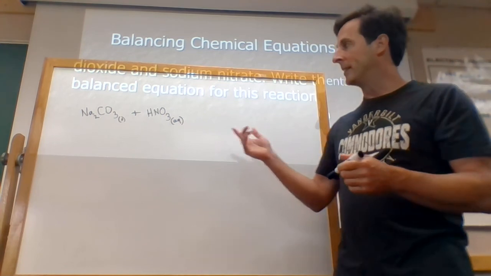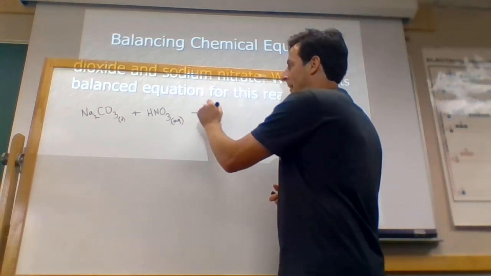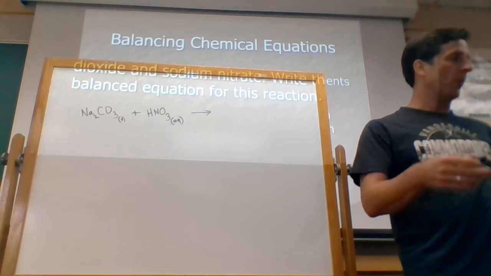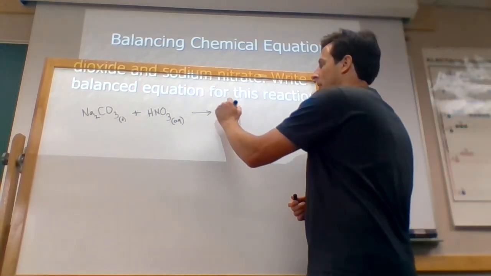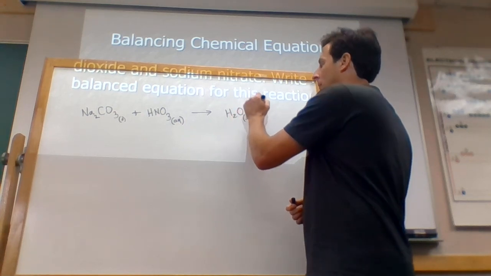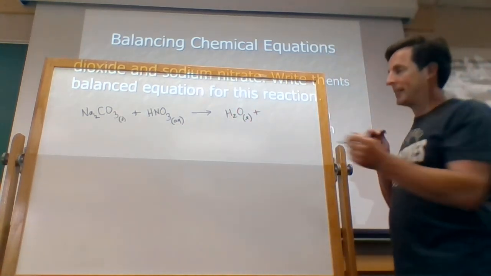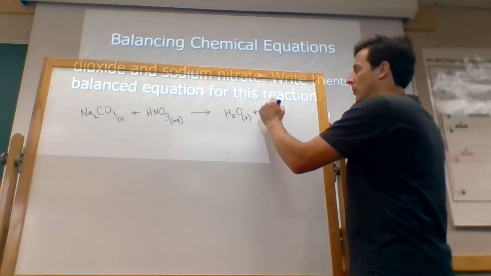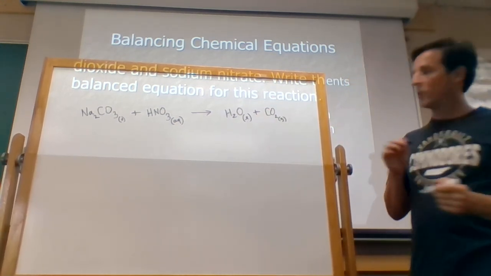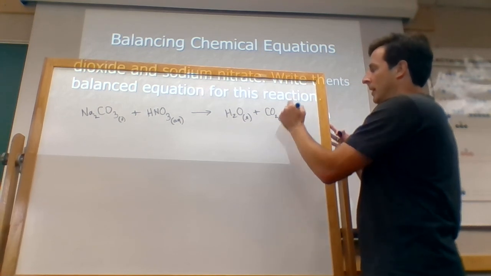So we mix those together, they react, and then it forms. It says to yield or to form water, H2O, liquid, carbon dioxide, CO2 gas, and sodium nitrate. I'm just going to drop down.